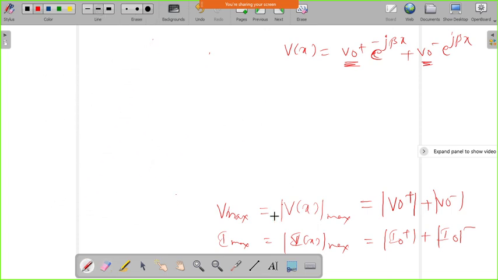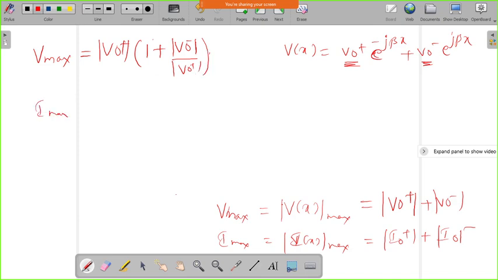From these equations I am writing V max, so we can write V naught plus magnitude outside and have 1 plus magnitude of V naught minus by V naught plus. Similarly I max I can write as magnitude of V naught plus by Z naught, and if I take that common I am going to get 1 minus magnitude of V naught minus by V naught plus, since I naught minus is nothing but V naught minus by Z naught.